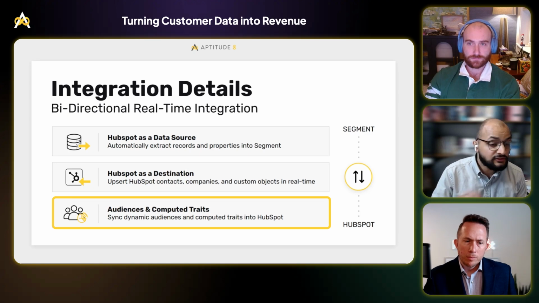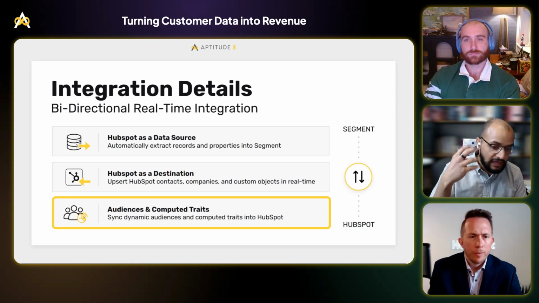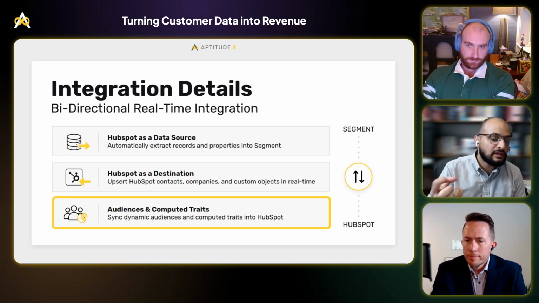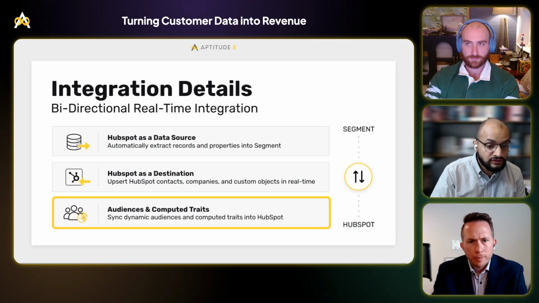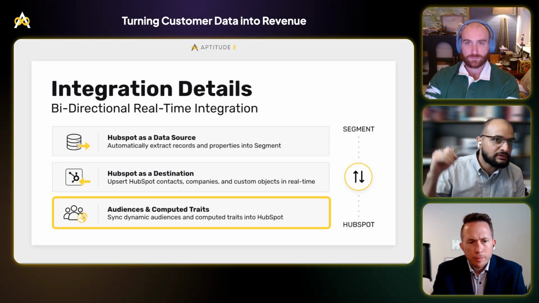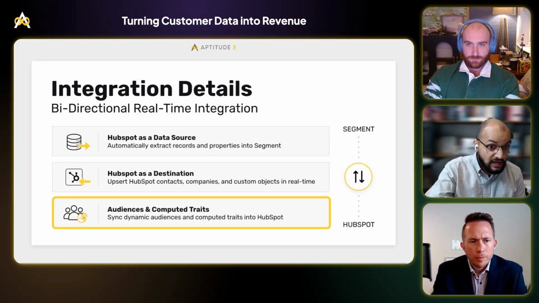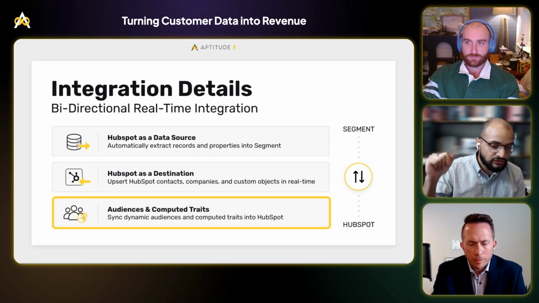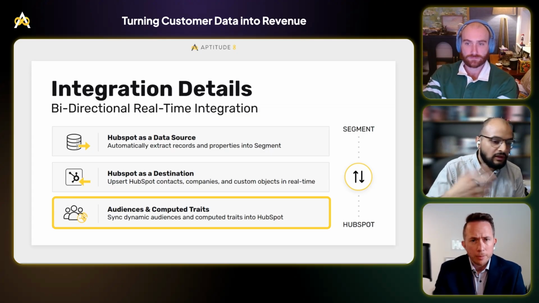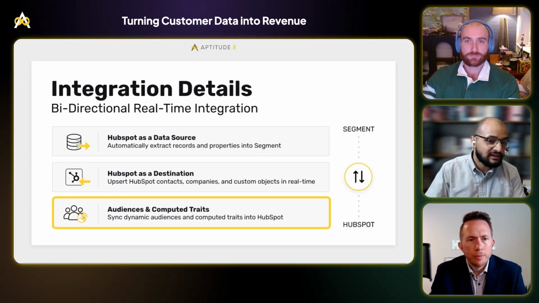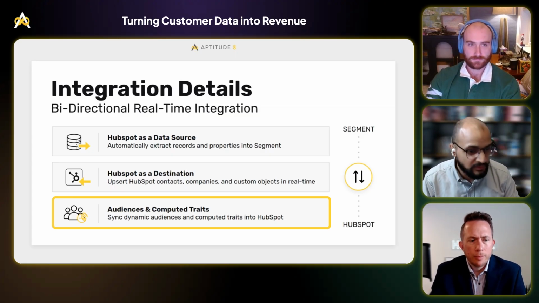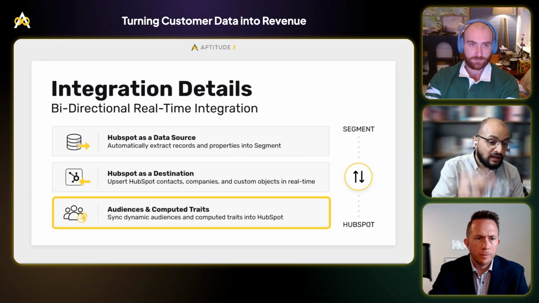And then the last thing here is audiences. One of the capabilities of Segment is calculating these traits that live on the customer profile. Just a couple examples are how much they've spent, their lifetime value, their adoption scores, last time since they logged in. If they're frustrated with the product, have a lot of support tickets open. These computations are calculated and they can then be sent to HubSpot.